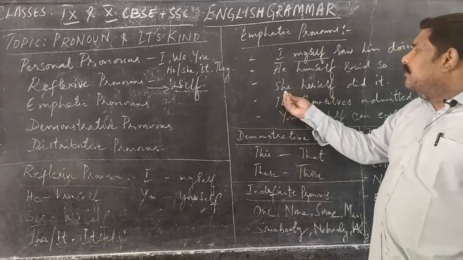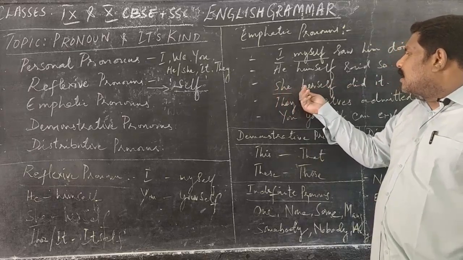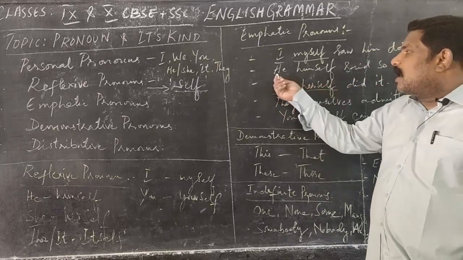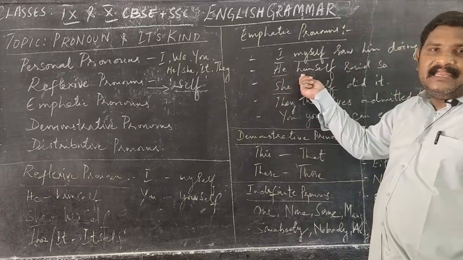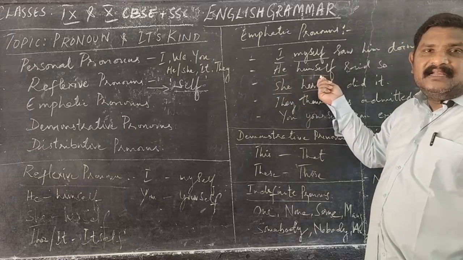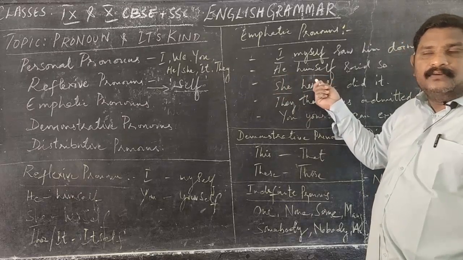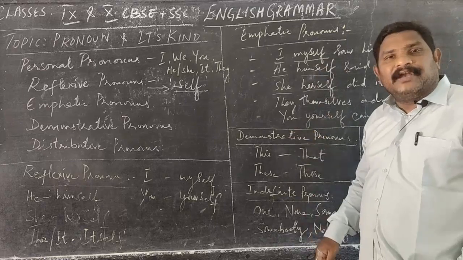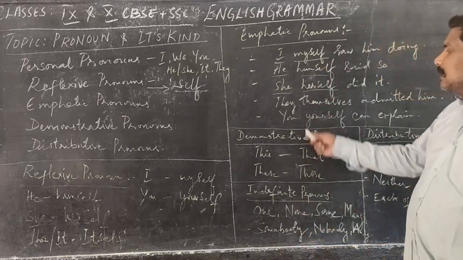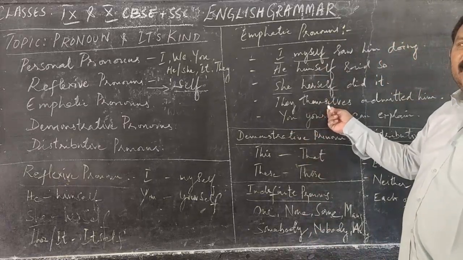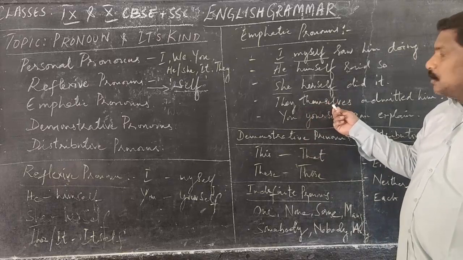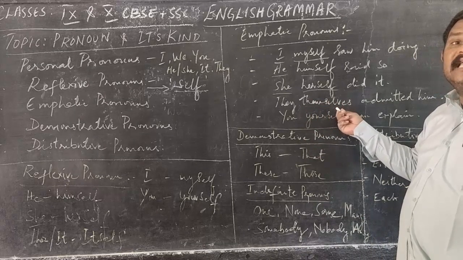She herself. The occurrence of she, herself; he and himself, placed immediately after the personal pronoun. That is nothing but an emphatic pronoun. Now next, they themselves. Now this is plural, themselves.